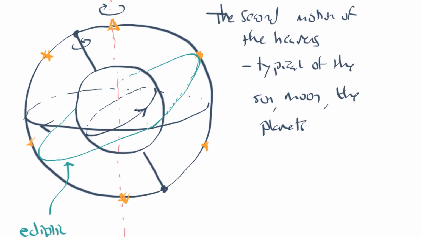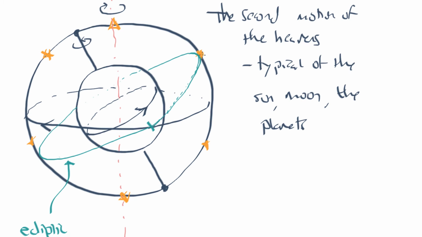And you might recall that the ecliptic is fixed to this outer sphere, and it can be divided up into 12 regions: 1st, 2nd, 3rd, 4th, 5th, 6th, 7th, 8th, 9th, 10th, 11th, and 12th. And this ecliptic is the band on which certain constellations lie.